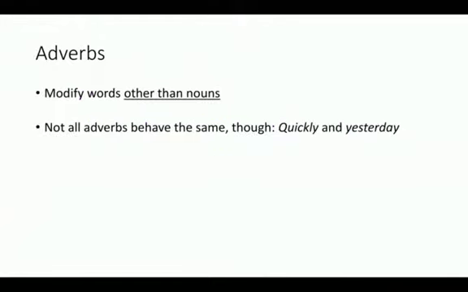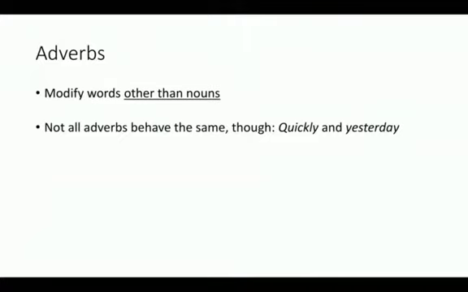Okay, so adjectives modify nouns, and adverbs also modify, but they modify words other than nouns. So they modify verbs, they modify other adjectives, like we just saw with very, very happy, and they modify other adverbs as well.